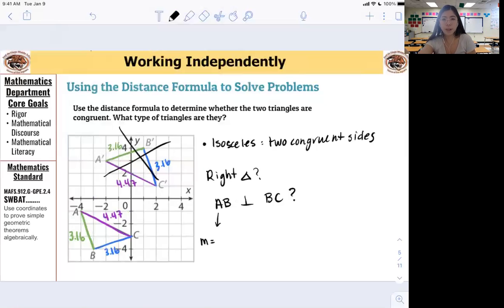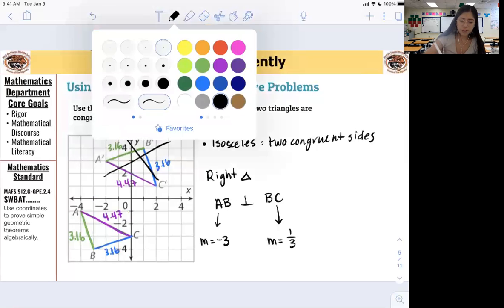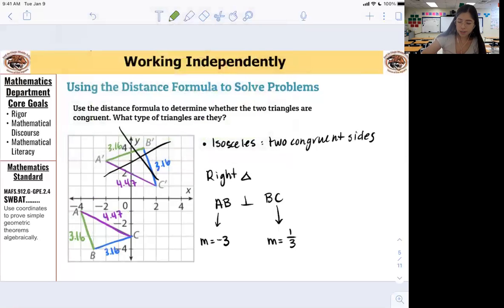Try using rise over run, because often that's a little bit quicker. I got -3. Good. Rio said it as well, -3. What about BC? 1/3. Very nice. Are these perpendicular? They are. They sure are. So these are actually not just isosceles triangles, but they are also right triangles as well.